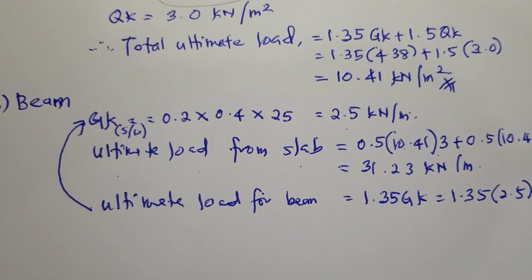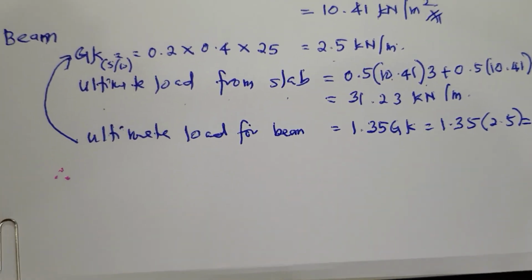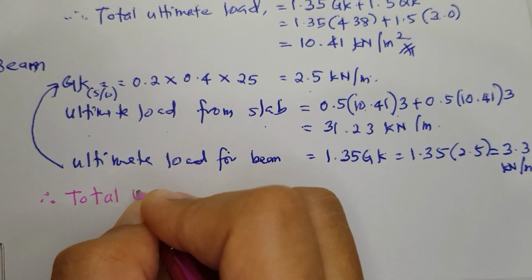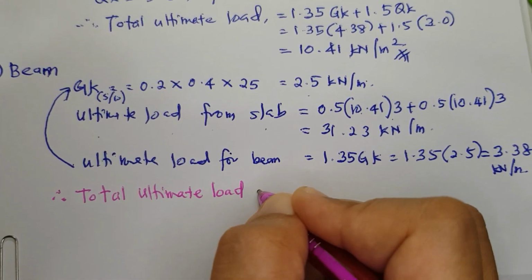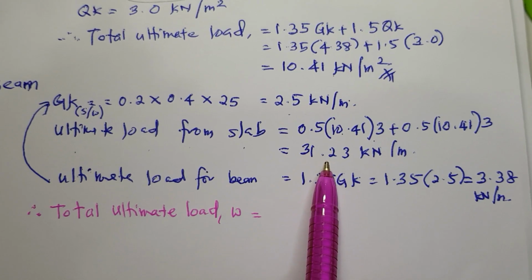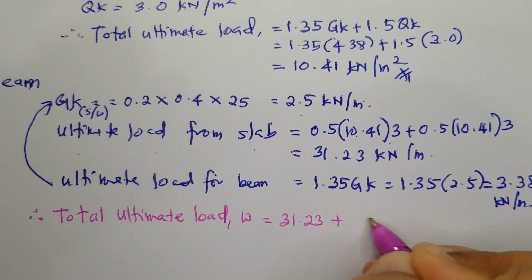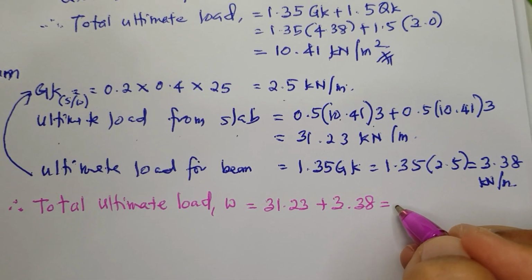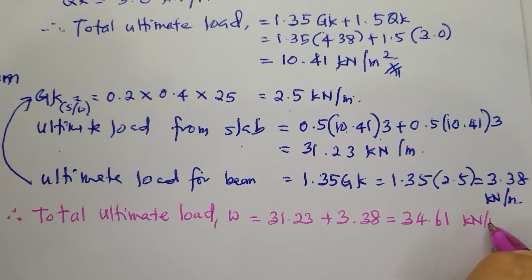So total ultimate load on beam is 31.23 plus 3.38, which is 34.61 kilonewton per meter.